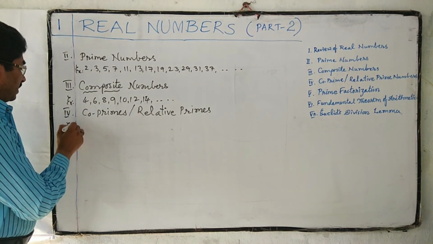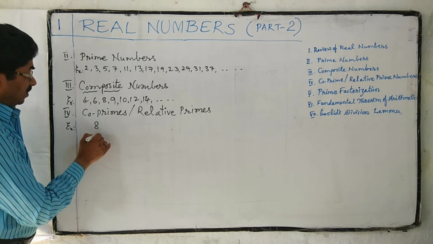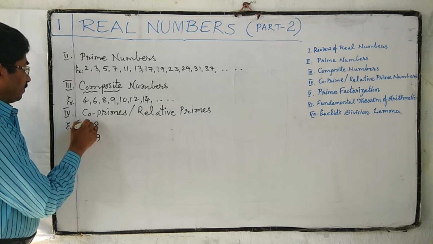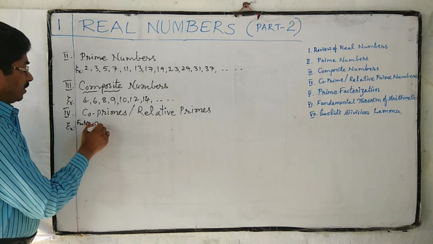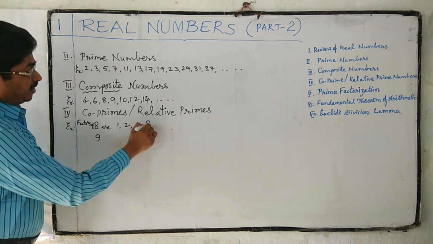Example: 8, 9. Factors of 8 are 1, 2, 4, 8.